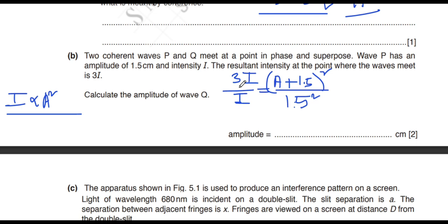And when the resultant intensity is 3I, the amplitude of the resultant one would be the amplitude of Q plus the amplitude of P, and that should be squared. So this I should be crossed off, and if you make A the subject, that would be the square root of 3 times 1.5 squared, subtracted by 1.5, that would be 1.1. 1.1 is the answer.